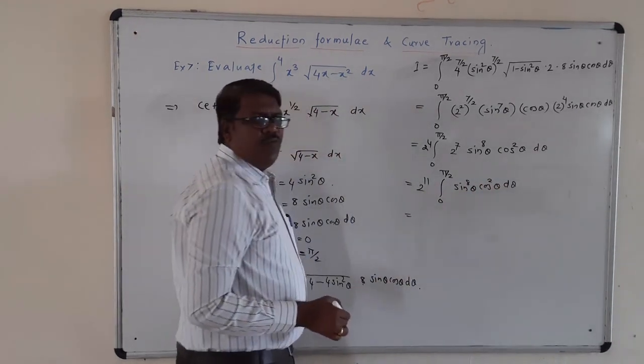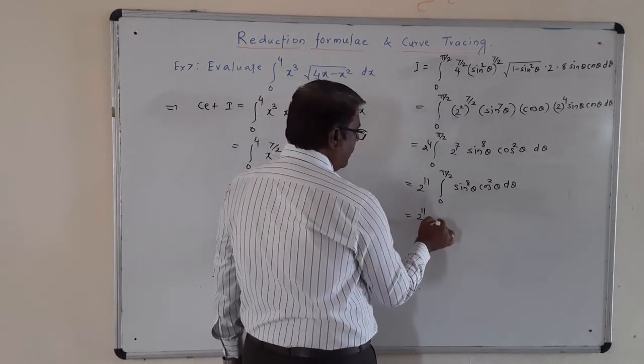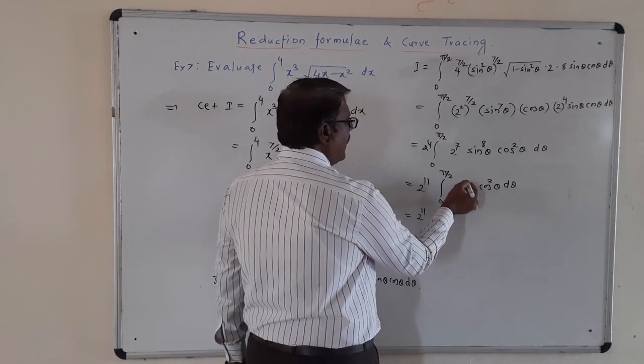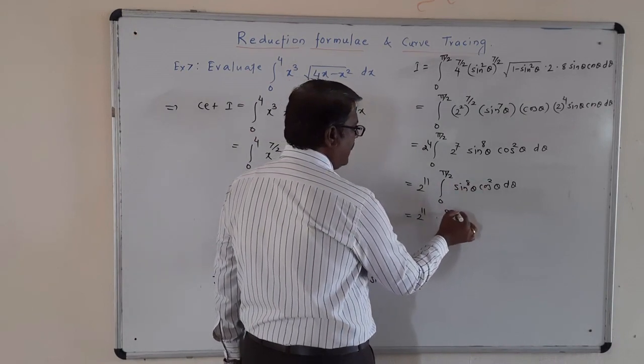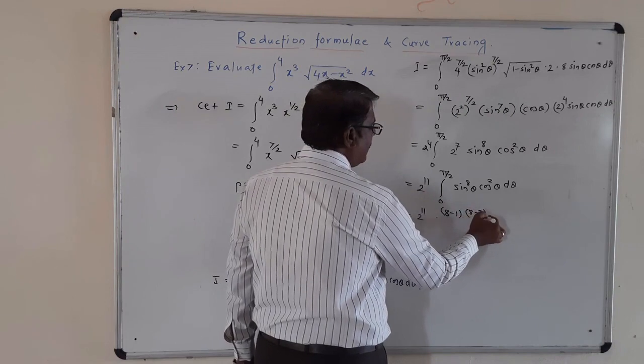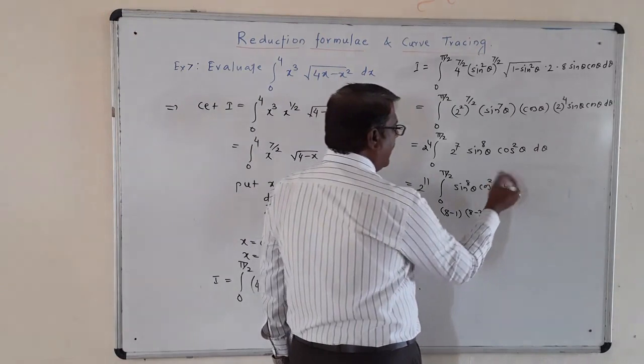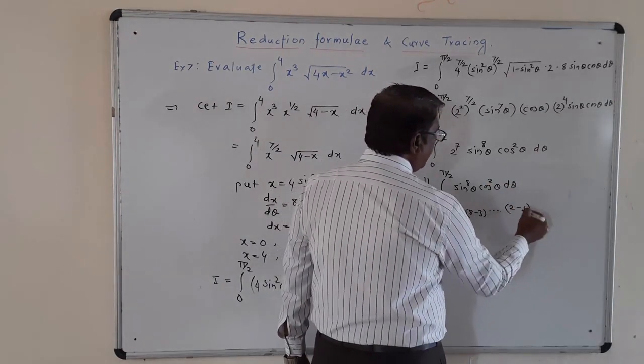Now here we use the Wallis formula. So 2 raised to 11 into m minus 1, that is 8 minus 1, m minus 3, that is 8 minus 3, and so on. This product goes up to 2 or 1. n minus 1, so that is 2 minus 1.